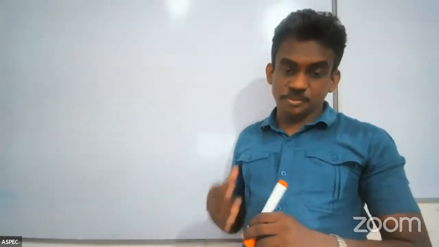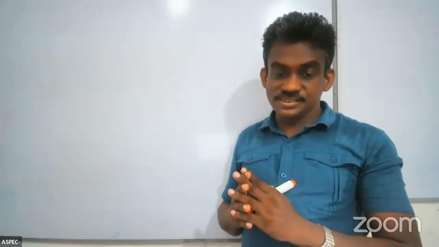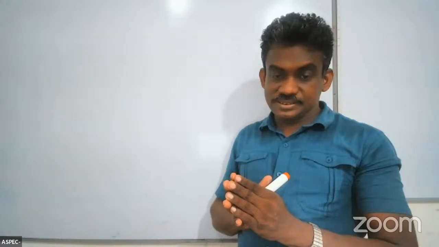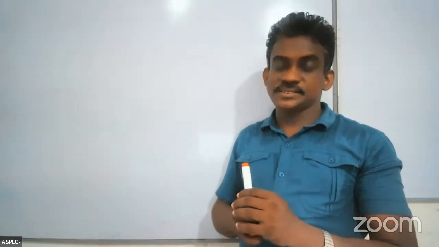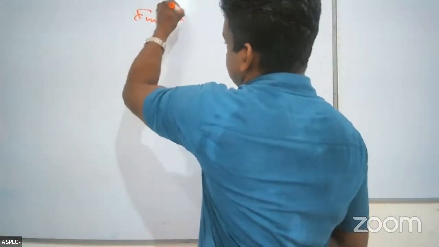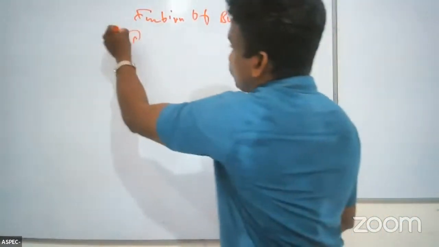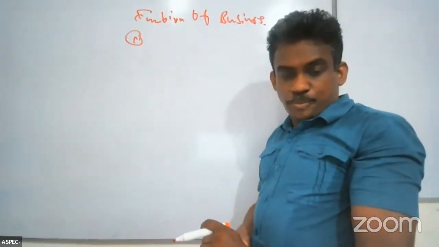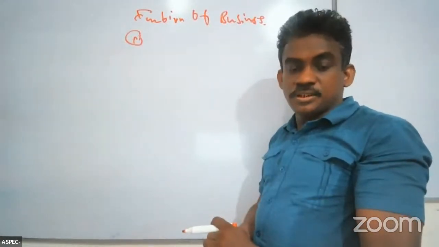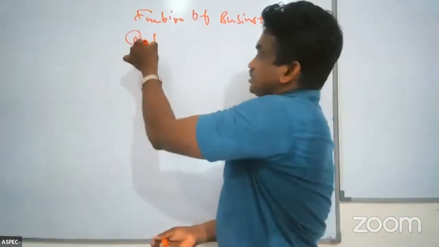Business functions. Business does some activities, and when we consider the activities, we can classify them. Functions of business. First one, production operations. Main functions of the business we can identify: production, operations.